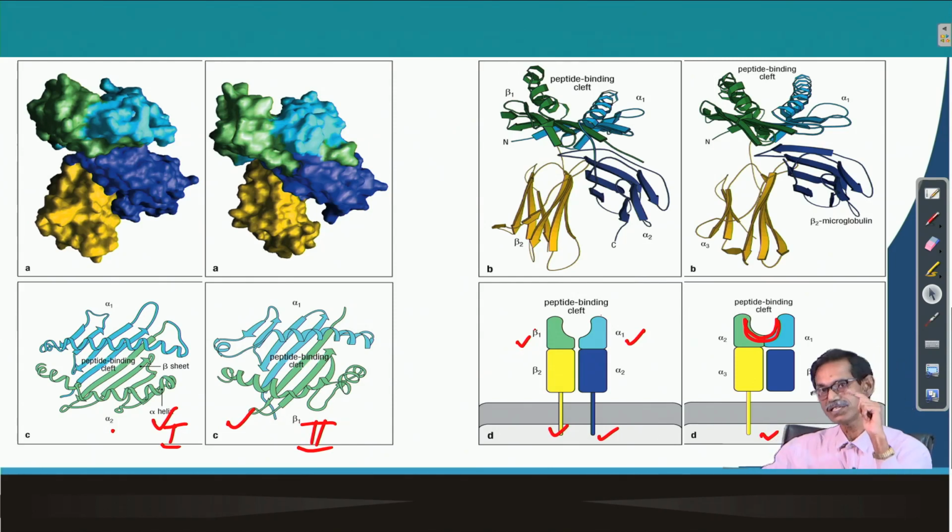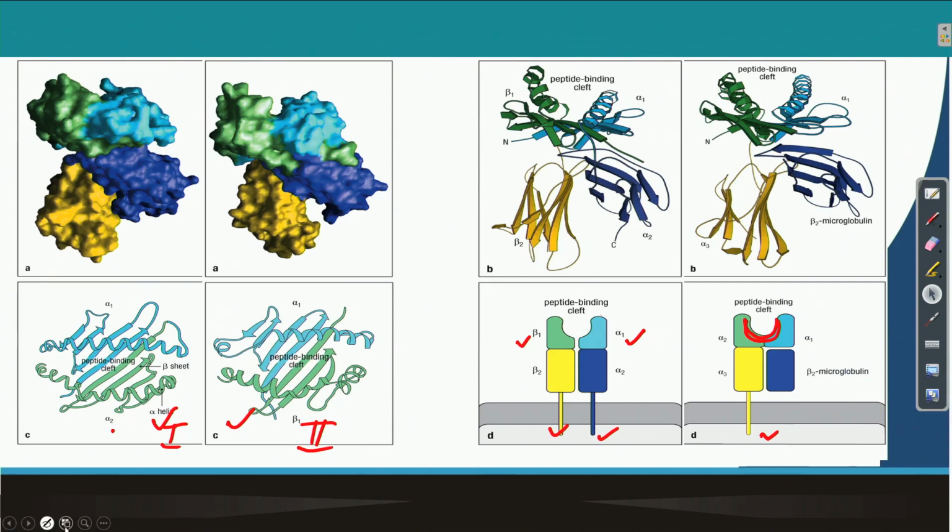So two chains is not just simple, it has a variation, because whatever peptide they bind in the cleft is going to be displayed, which will be recognized by the T cell. That we have discussed before. And in the peptide binding cleft also, there is a slight difference.